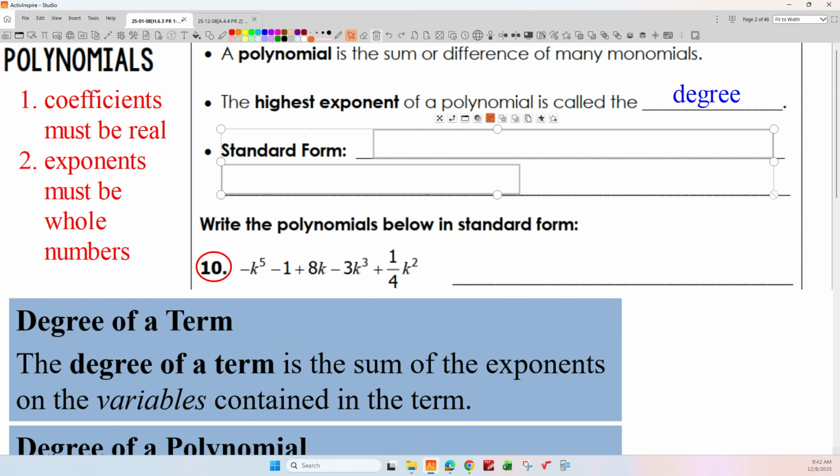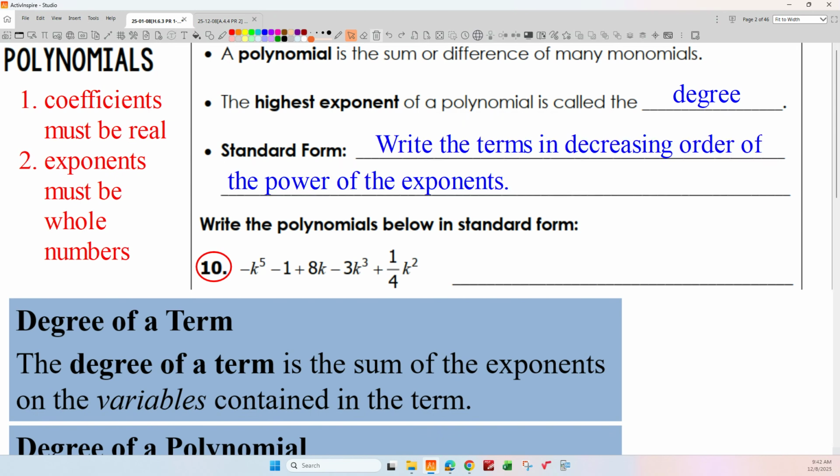Well, the way we're going to consistently write polynomials is in descending order of the exponents. So the exponents are just going to step down from the biggest value to the smallest value as we walk through the different terms that are added up in the polynomial.